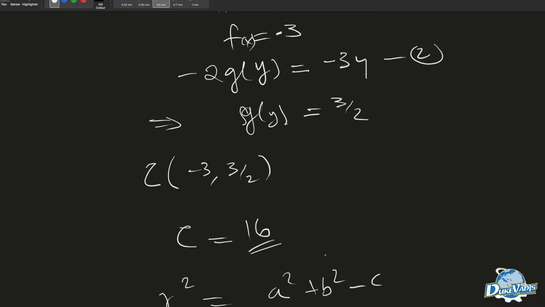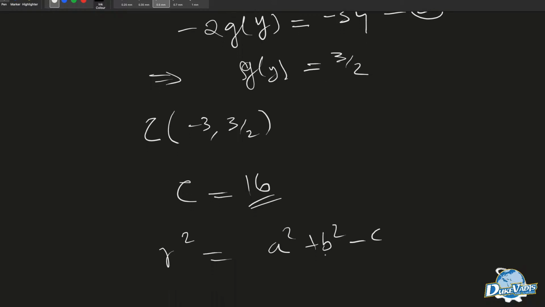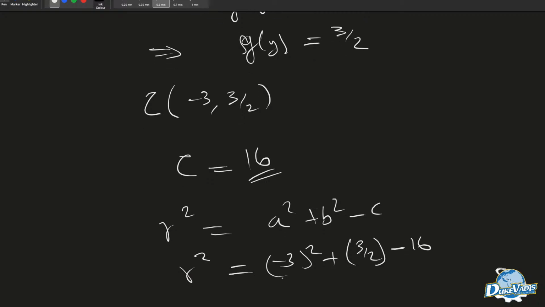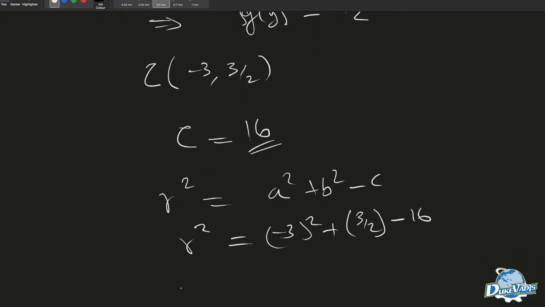Knowing the value of a to be negative 3 squared plus 3 over 2 squared minus 16 will give me the r value. So definitely this one will give me 9 plus 9 over 4 minus 16.